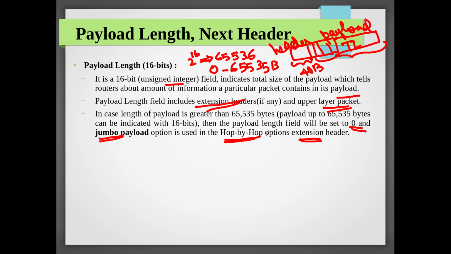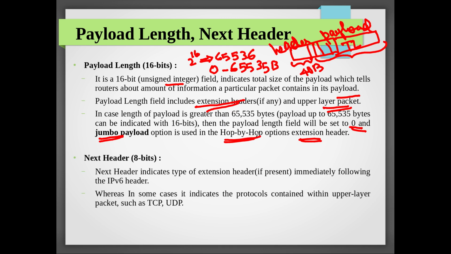The hop by hop extension header is going to contain the size of the jumbo packet, which is an IP packet with a size greater than 65,535 bytes. That value definitely needs more than 16 bits, so this field will be 0, and its size will be represented in the hop by hop extension header. Hope it is clear.